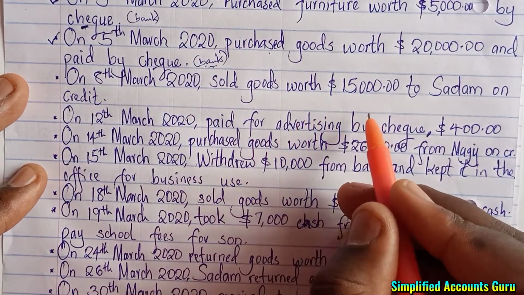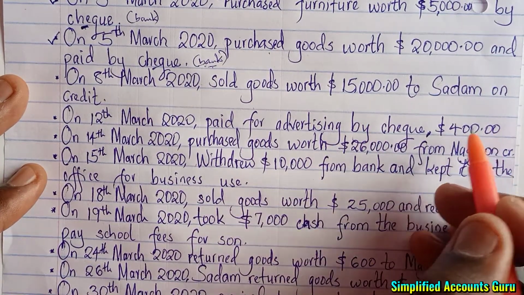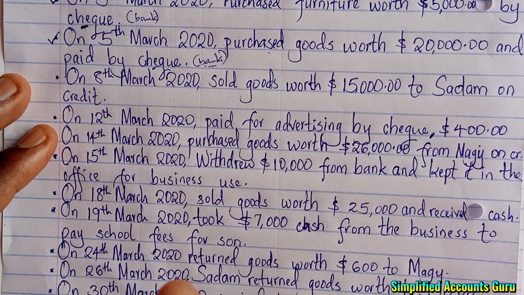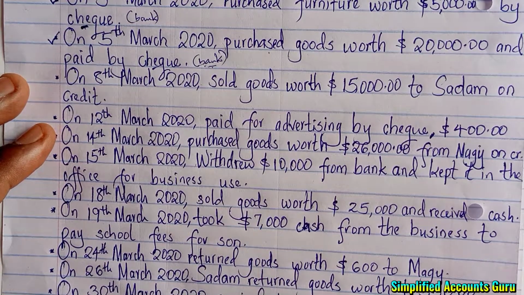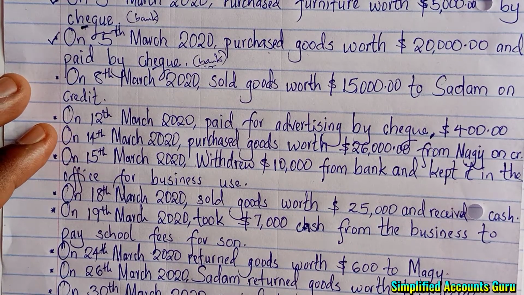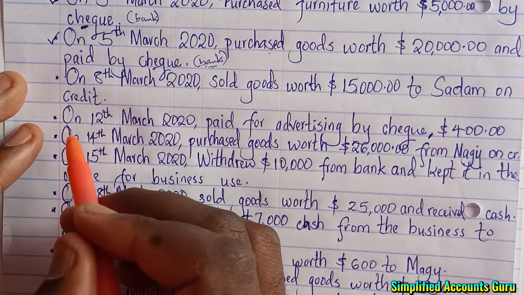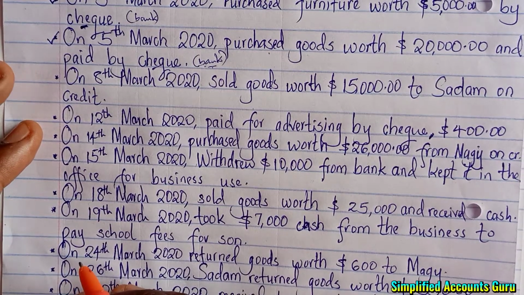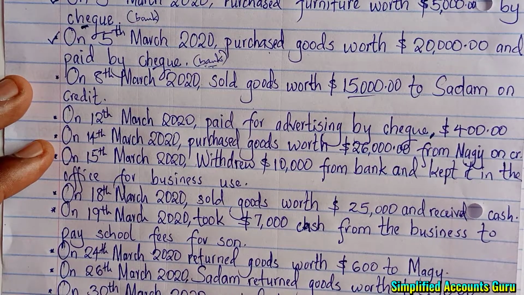On 8th March 2020, sold goods worth $15,000 to Saddam on credit. Remember we talked about two types of transactions that are done. We have the credit transactions, and we also have the cash transactions. So in this case, now we are meeting for the first time a transaction that is made on credit. What are the accounts that have been affected there?